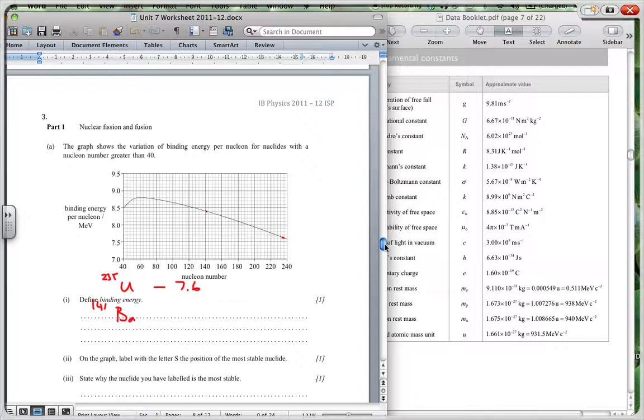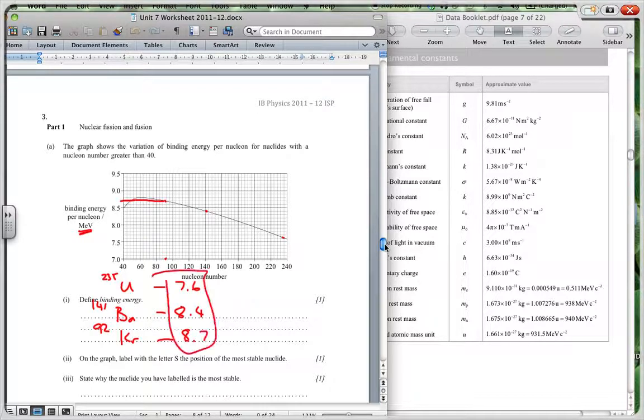We're around about over there. We're about 8.4 mega eV per nucleon. And your krypton, which is 92, going up here, we're over there. Going across, we're about 8.7.